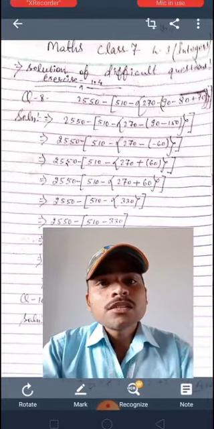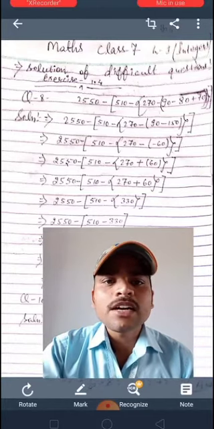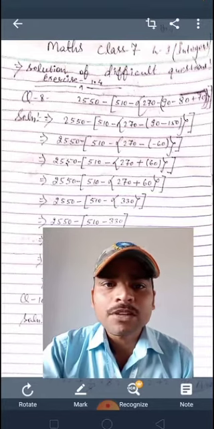Now the solution of vinculum: 90 write the same, minus 80 plus 70 gives 150, that's why write 150.